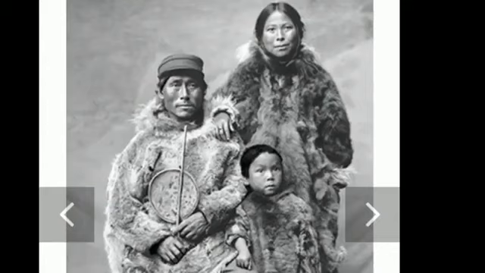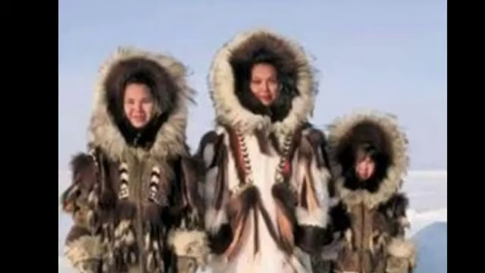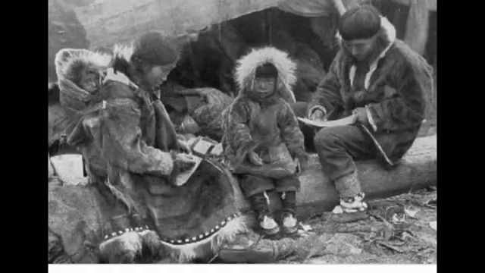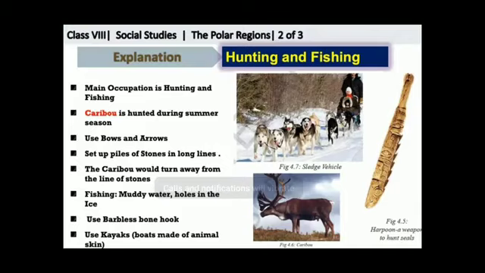Eastern groups move from place to place throughout the year, following a fairly fixed order of seasonal activities of hunting and fishing. They spend winter near the coast hunting seals and fishing. In summer, they move inland to hunt caribou and gather berries.